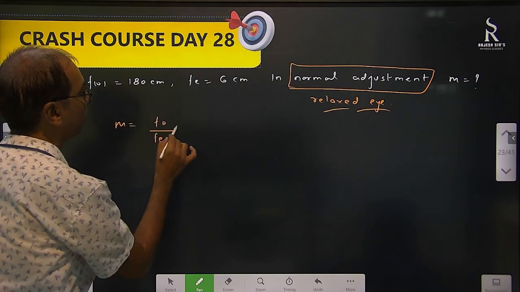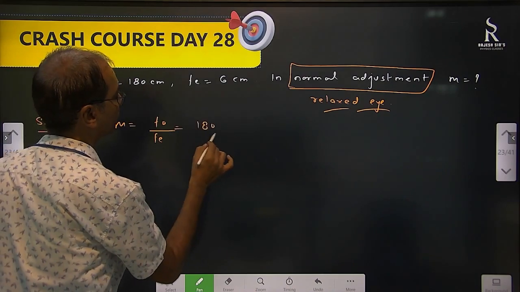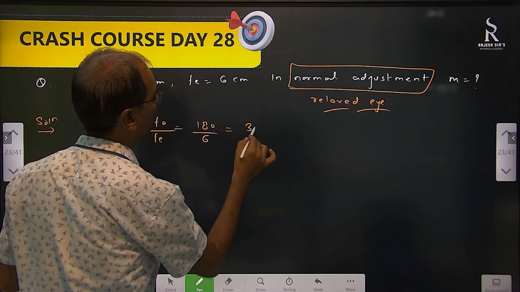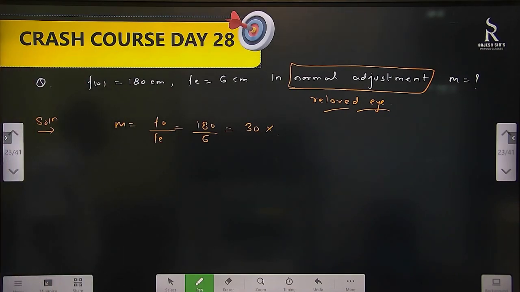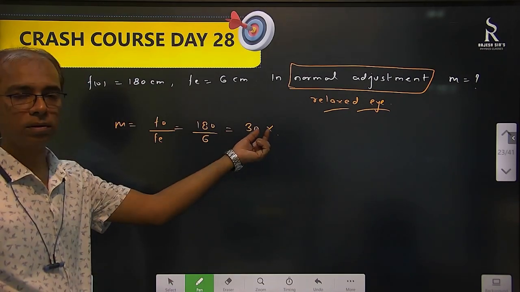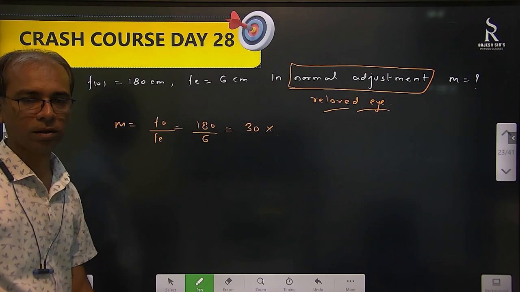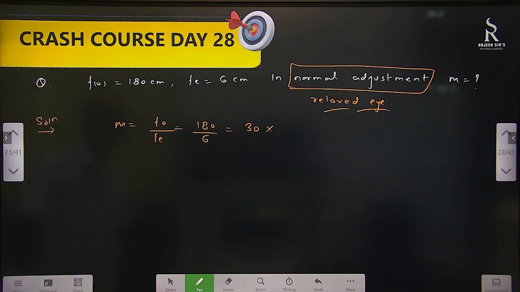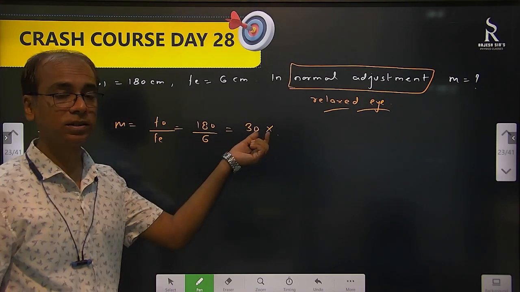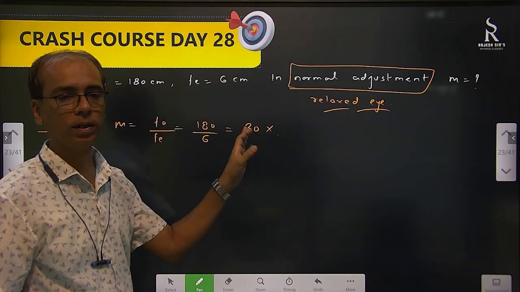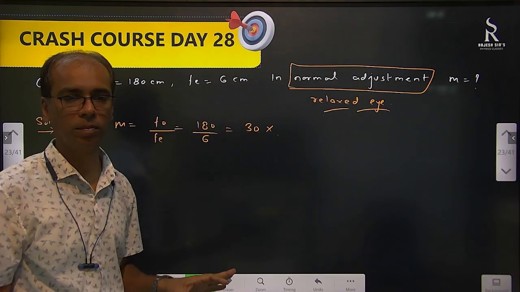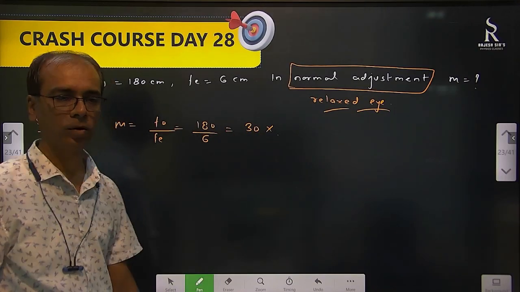FO by FE, 180 by 6, that is 30 times. Okay, magnification will be 30 times. This is not wrong, 30 times I have written. Sometimes you can see that this cross symbol will be used in magnification, so don't worry. This is actually 30 times.